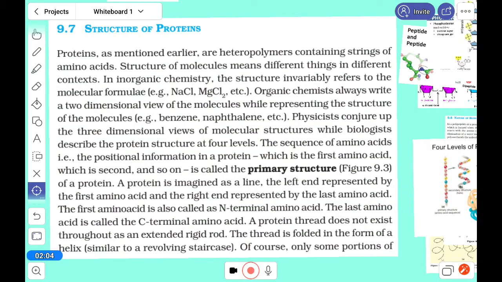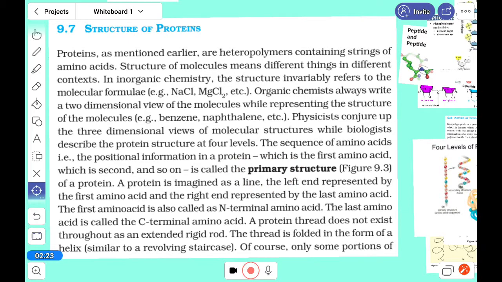According to the structural level, and the molecular structure, biologists describe the protein structure as four levels. The levels are the primary, secondary, tertiary, quaternary.